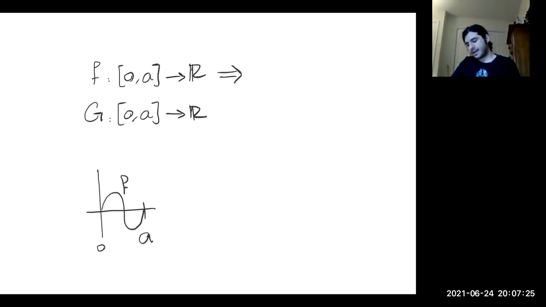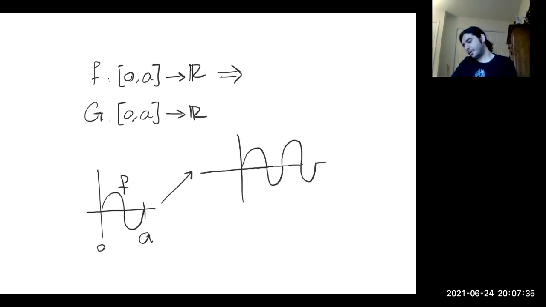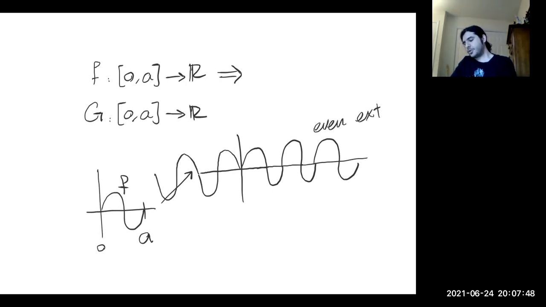If this is f, there is the even extension, where I repeat the function completely in a similar way on the positive side, and on the negative side I take its mirror. It's the even extension. We usually show that with f tilde with subscript e.